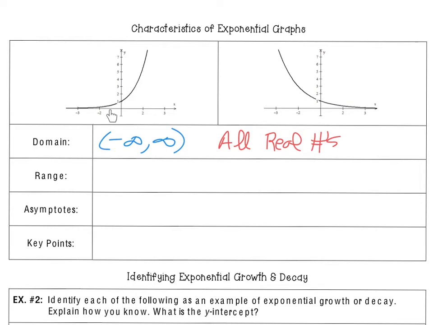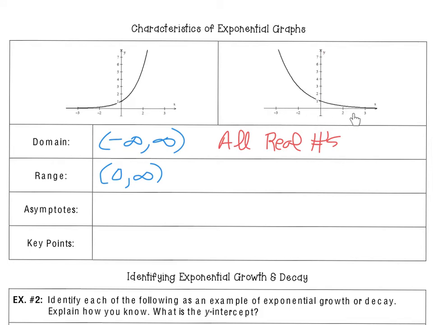And our range goes from low to high. Because of this asymptote here, our lowest y value approaches 0. Remember, y cannot be 0. I can't put a base of a number to an exponent that would give me 0. So the closest number that y approaches is 0 for our lowest value, and then it increases to positive infinity. Same thing if it's decay.